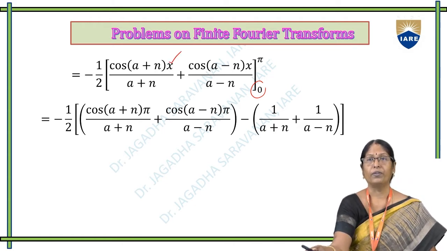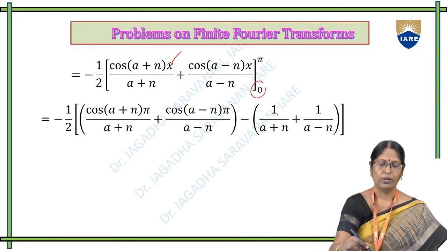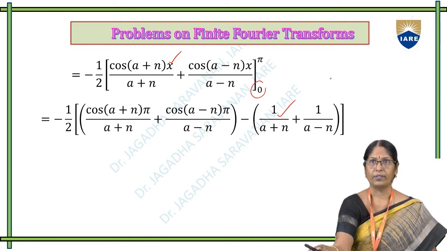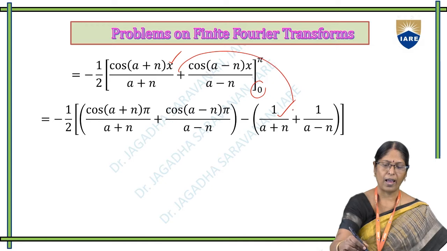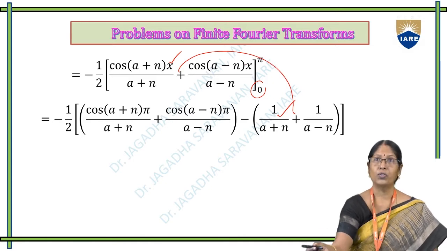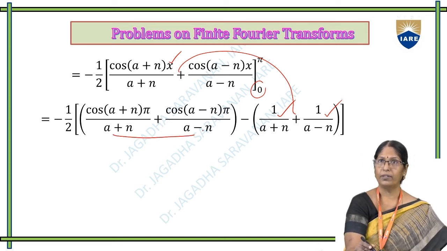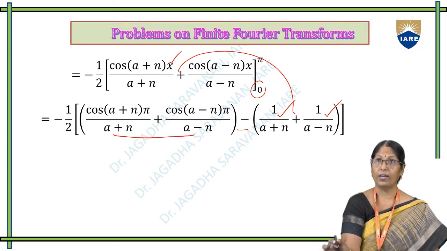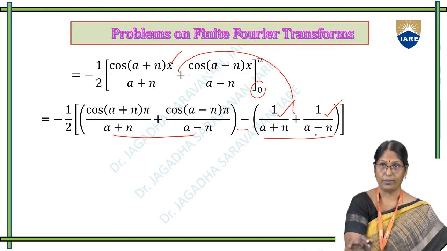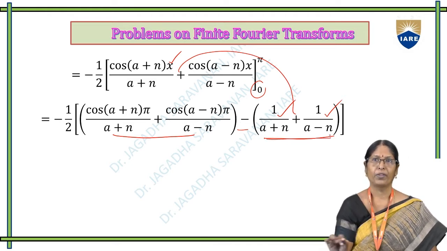Cos 0 is 1, so 1 by a plus n. This plus is as it is. Here cos 0 is 1, so 1 by a minus n. Between upper and lower limits the formula sign is negative.